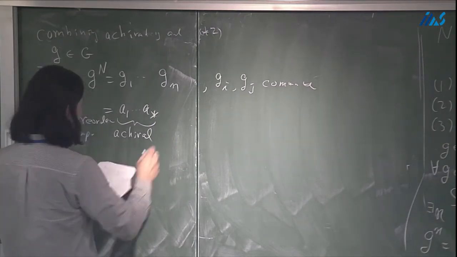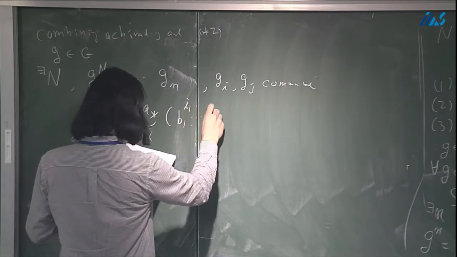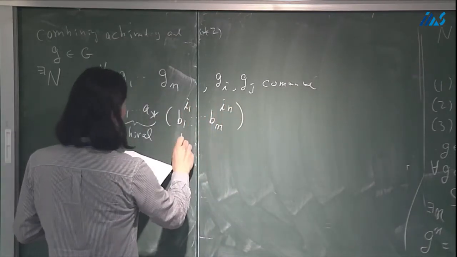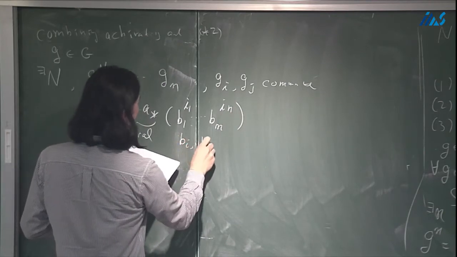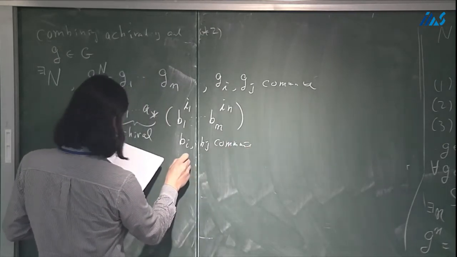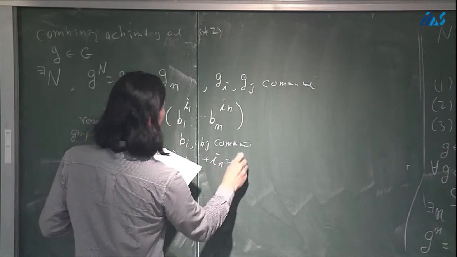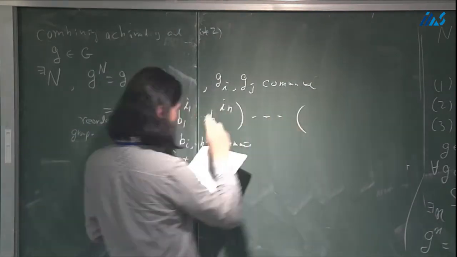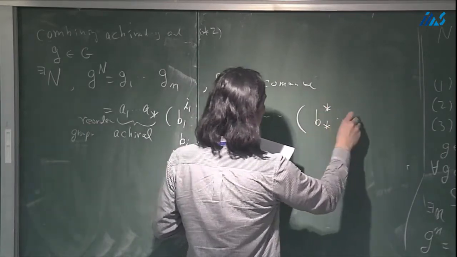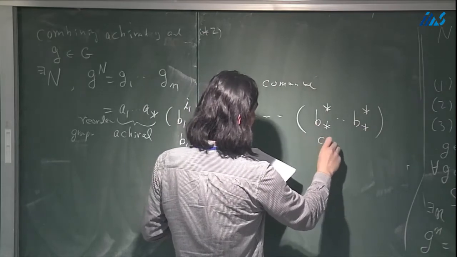So the first one maybe B1 I1, dot dot dot, Bn In, so that Bi, Bj commute, and the sum of the exponent is 0, and you have the other conjugacy classes, so I just write it in this way. And they are conjugate.